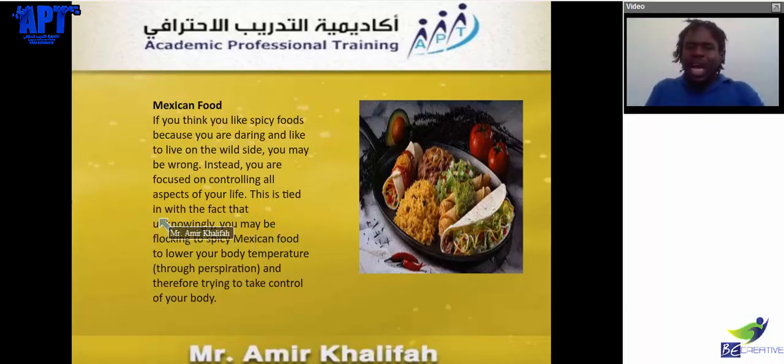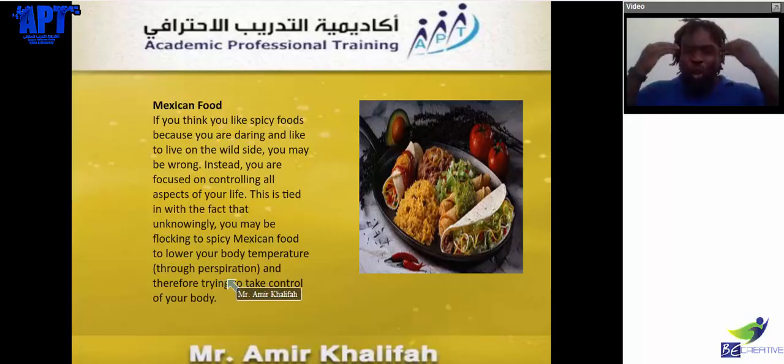This is tied in with the fact that unknowingly, without knowing, you may like spicy Mexican food to lower your body temperature through perspiration. Perspiration is when you sweat.